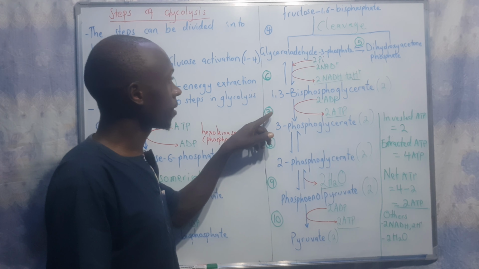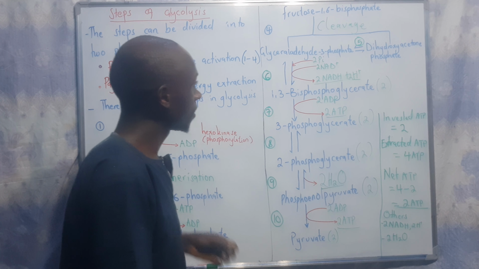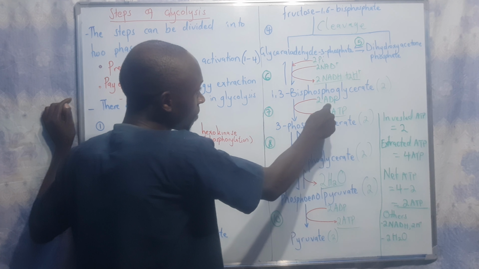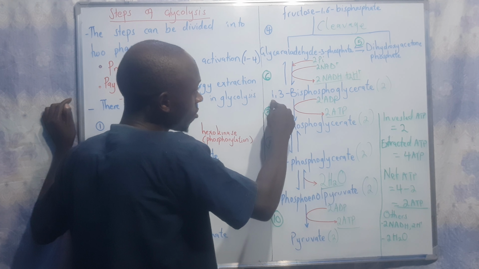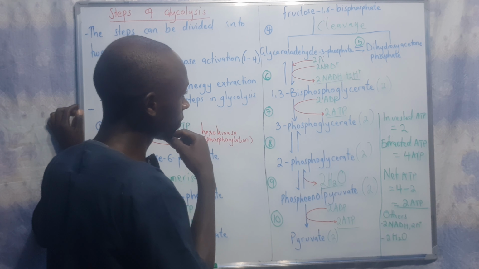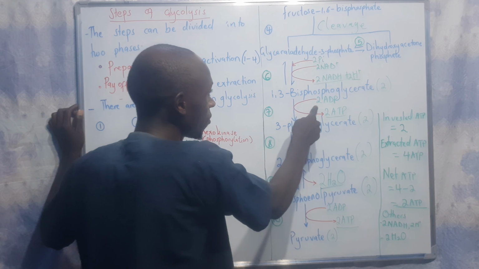So we are looking at stage number 7, whereby now we are starting to obtain energy. Remember, there are 2 molecules. Each molecule is going to yield 1 ATP. So 2 ADP molecules come and pick up a phosphate group each to form 2 molecules of ATP. Remember, why are we forming 2?